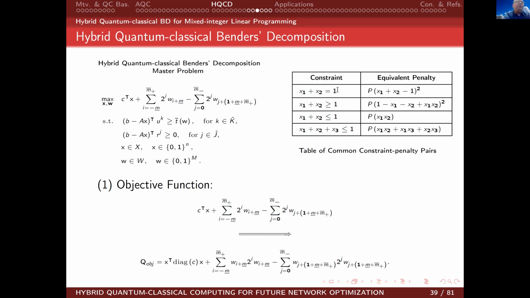Basically, it is relatively easy to handle the constraints whose right-hand side is 1. We do not need to introduce new slack variables. Here you can see we can easily convert it to quadratic terms.